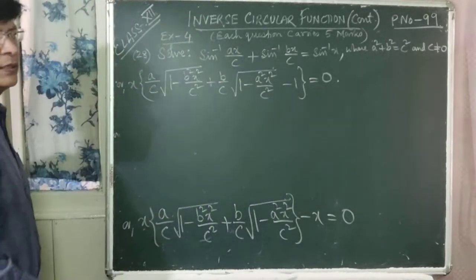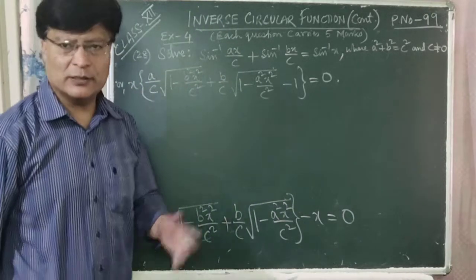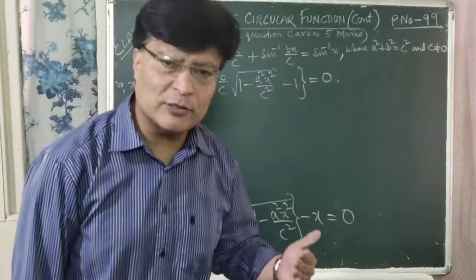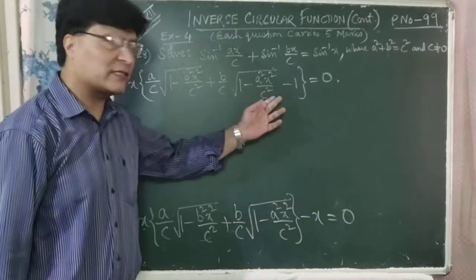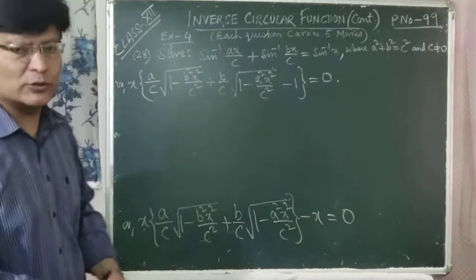So next. So these are the two factors here. You can write here either x is equal to 0 or this factor within second bracket is equal to 0.